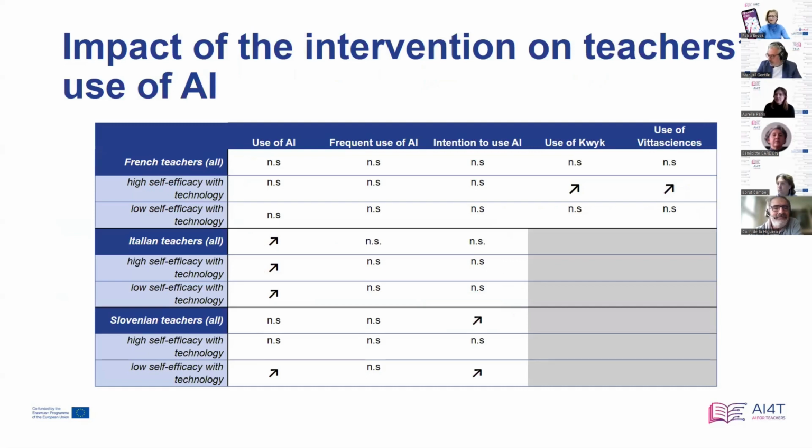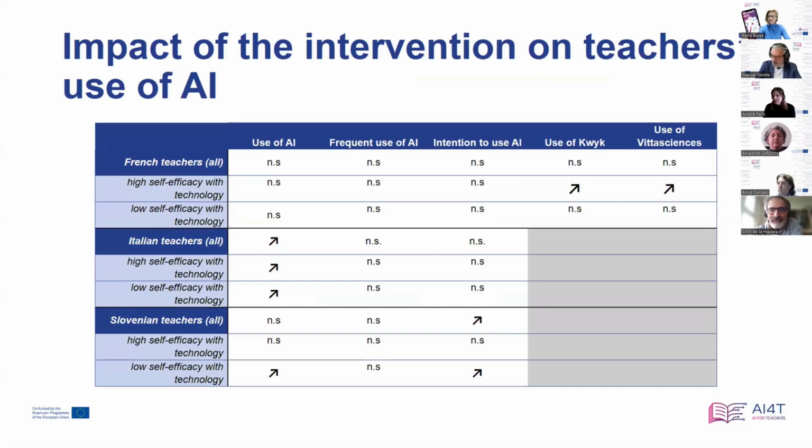On the impact of the interventions on teachers' use of AI, we see that in Italy, the intervention led teachers to test more AI tools. In France and Slovenia, it depends on the teacher's level of self-efficacy for integrating technology.